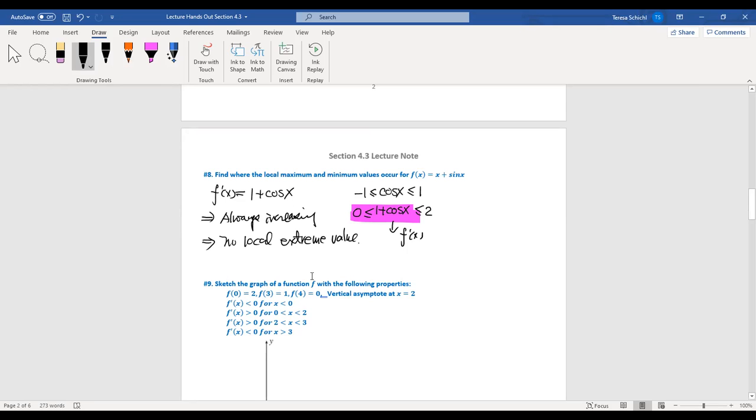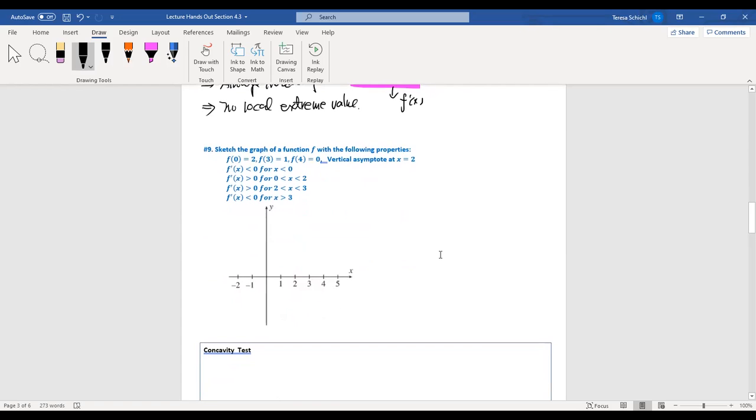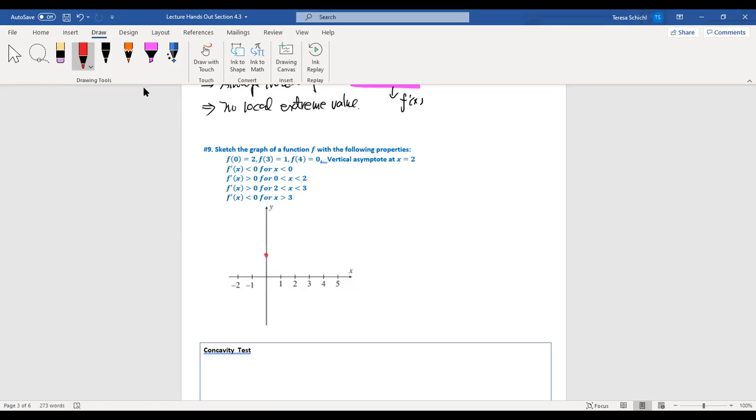Okay, so last example, let's take a look at the graphing again, all right? The graph here will really maybe help you to get a better understanding. Now we add a little bit more conditions here. So let's try to mark the points. Let's say f of 0 equal to 2.